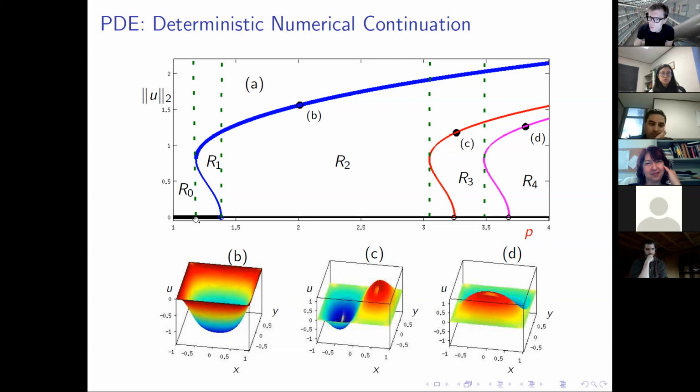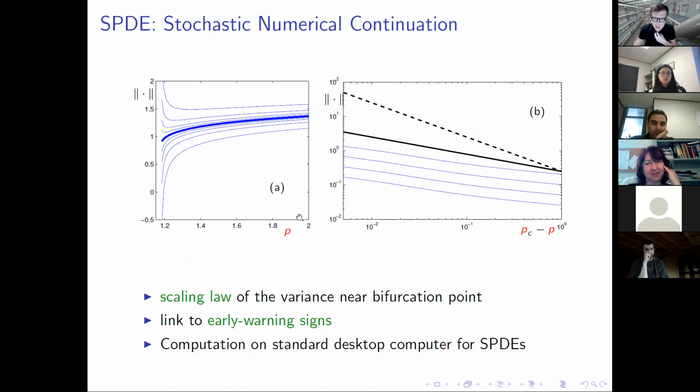How would you actually be able, for example, to understand how the stochastic fluctuations behave near this fold bifurcation? Well, you could immediately compute that with the stochastic continuation algorithm that I've developed. So here's the answer. This is varying P downwards, and this is a suitable norm, basically an L2 norm, and around the L2 norm, a suitable spectral norm of the covariance operator.